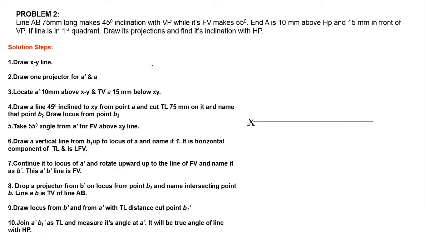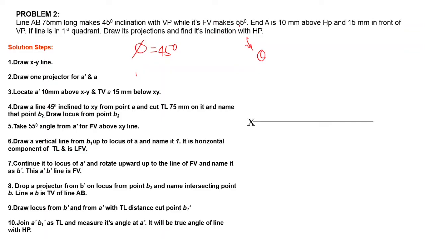Here we have to draw the orthographic projection and find its inclination with HP, means we have to find out the angle theta, true inclination with HP. Here the given data, first one true inclination with VP, phi, is given. Phi is equal to 45 degree.